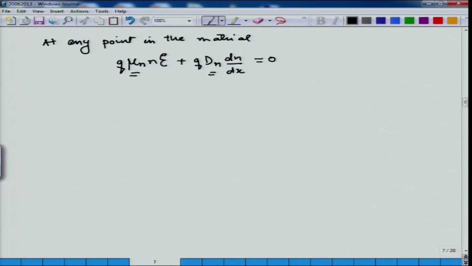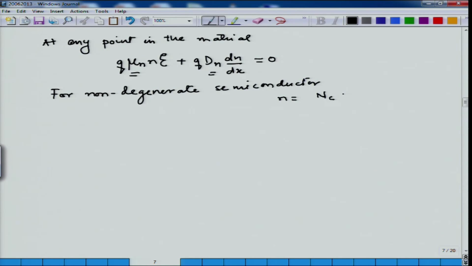And so we take help of one additional assumption, which says that let us solve this for non-degenerate semiconductors. And in that case, I have an expression for n, which can be written in terms of the band energy.